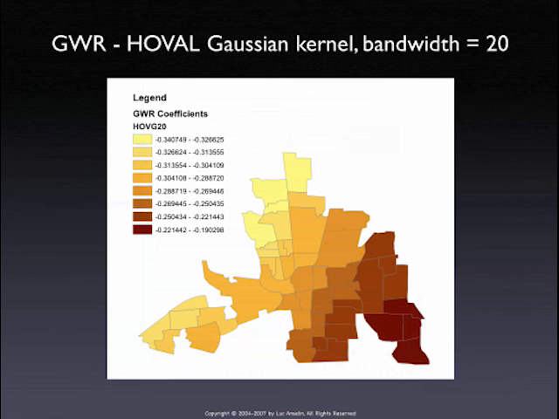And I think it's really interesting to see how similar this is to what we obtained for the spatial expansion method. The spatial expansion method imposed a linear trend for the variability of the parameter. The GWR extracts a linear trend, or something very close to a linear trend, for the variability of the parameter from using the data.